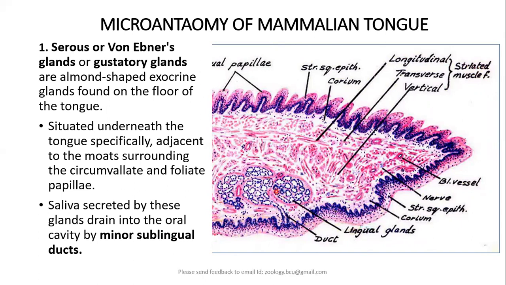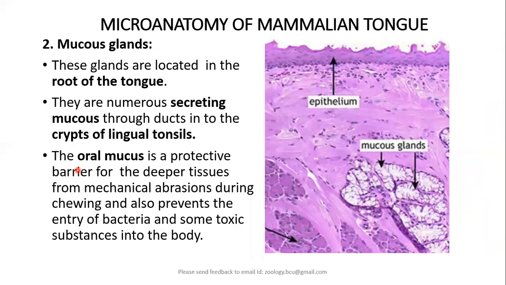So that means they are located very near to the base of the tongue. Therefore, the saliva secreted by these glands is drained into the oral cavity by minute ducts. There are many lingual ducts opening ventrally on the tongue.